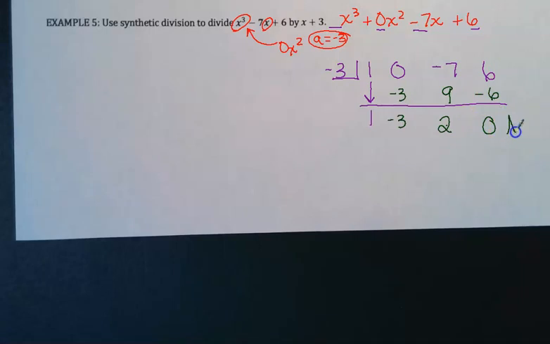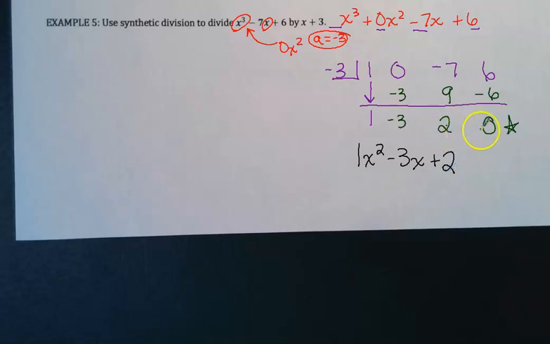Now, this should be ideal. If you see a 0, you should probably be like, ooh, I'm probably not going to have a remainder, now that you've done it a few times. But we need to put it in the correct notation. If we started with an x to the power of 3, we know this is going to be x to the power of 2. So we're going to have 1 x to the power of 2 minus 3x plus 2.